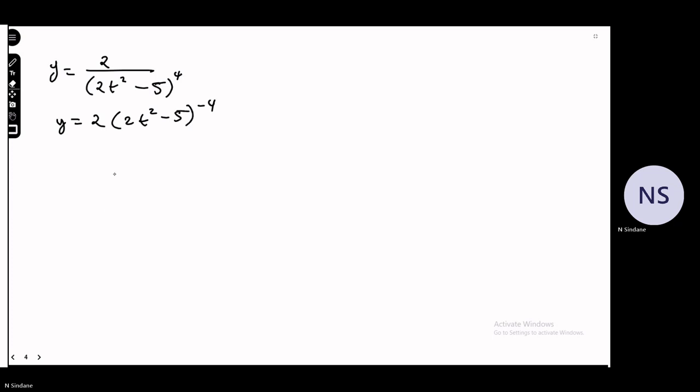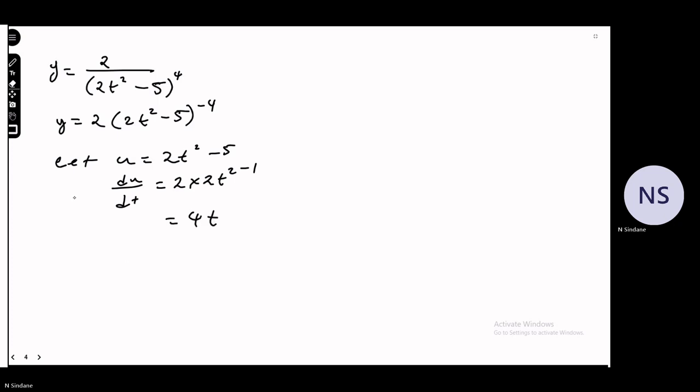And then differentiating it, I'd need to take this guy out. So let u be 2t squared minus 5. Differentiating it, I'm going to get du over dt is equals to 2 multiplied by 2t, 2 minus 1. Then this is 0. Then my solution is 4t.